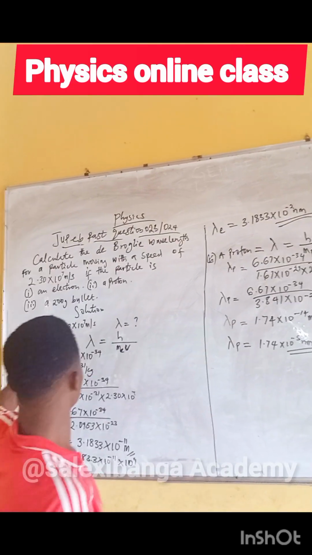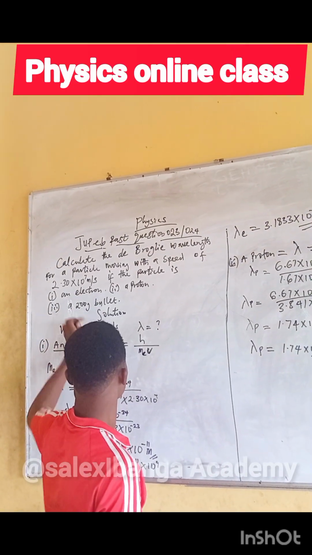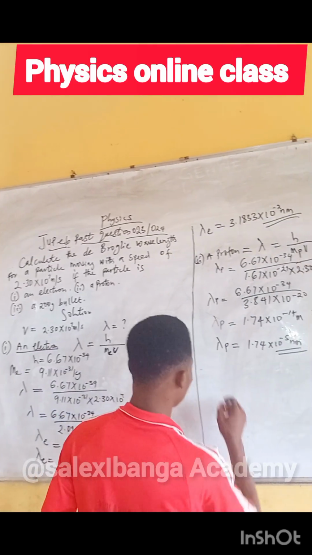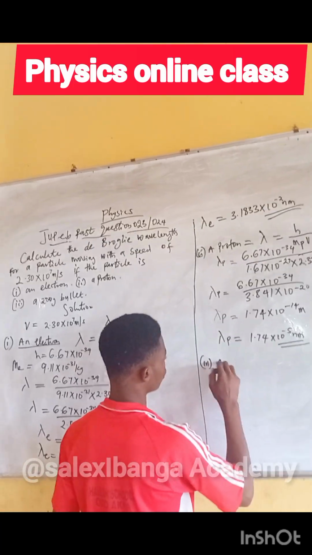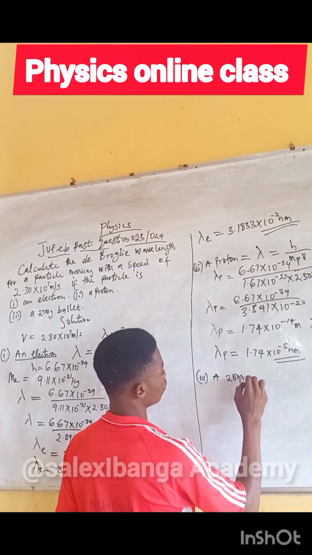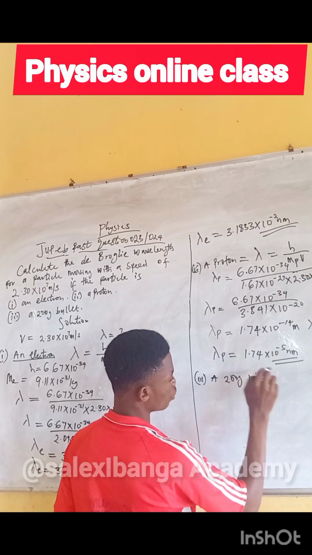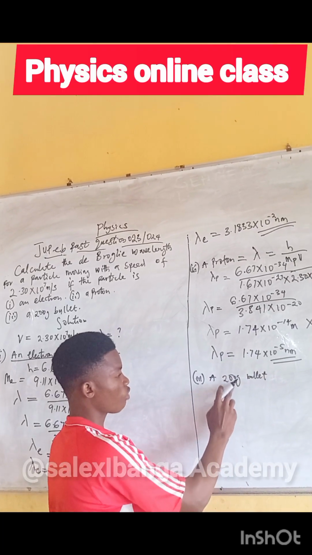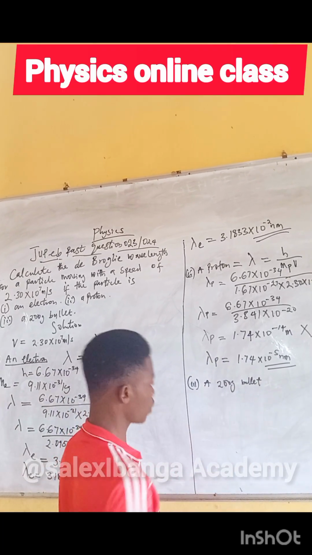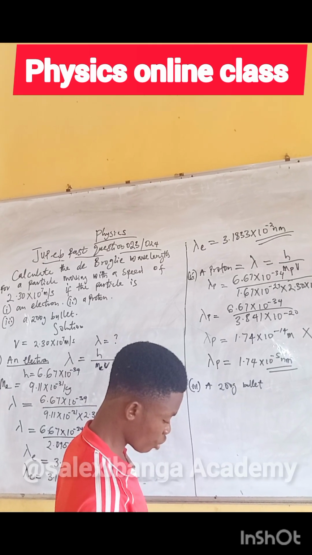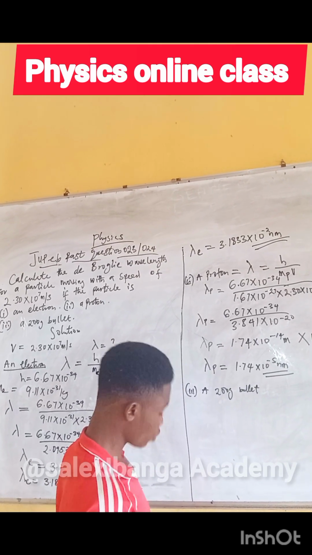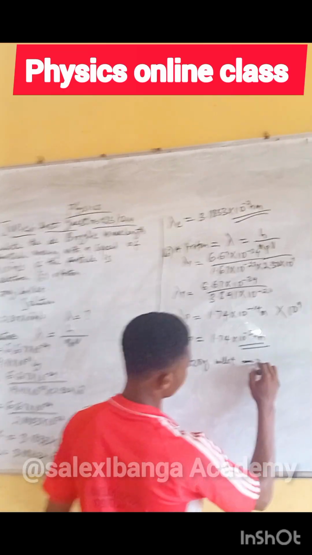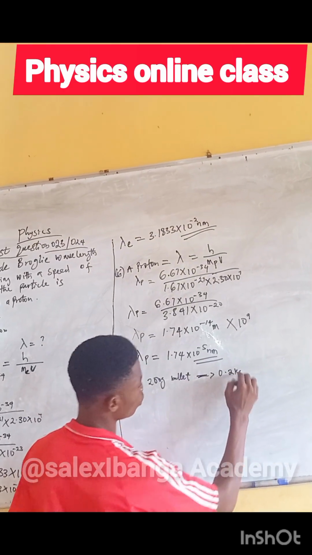So let's check when it is a 200 grams bullet. When you need to convert this to kilogram, that will be 200 divided by 1000, so our mass is 0.2 kilogram.